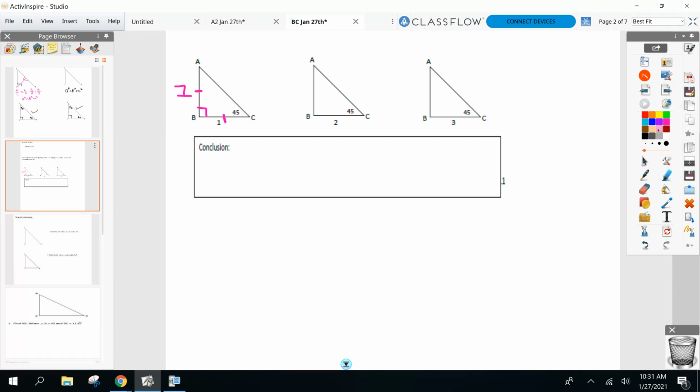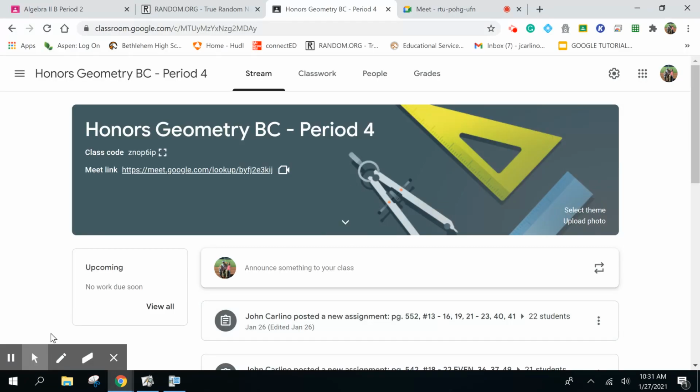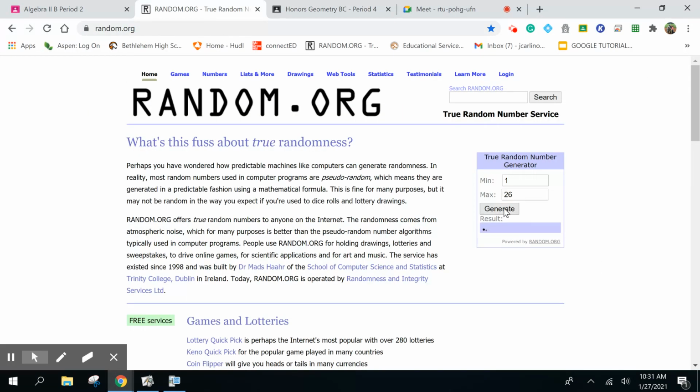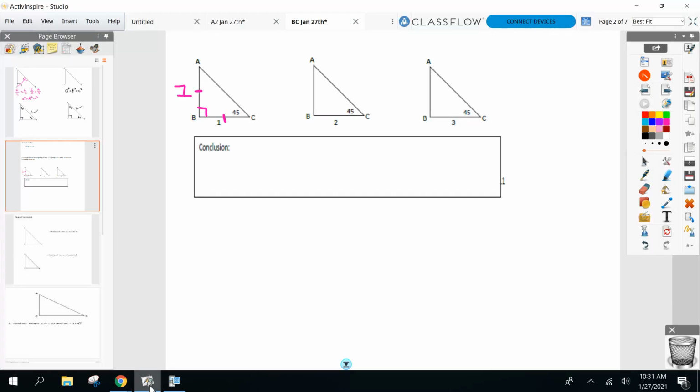Go ahead, Pythagorean theorem. AC should be equal to, here we go, 2, 1. Zach, what's AC going to be equal to if you use Pythag? Radical 2. Radical 2, done. So 1, 1, radical 2.